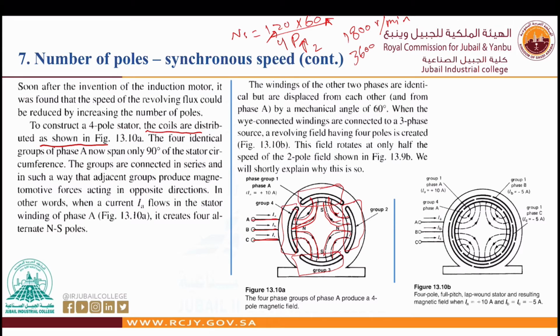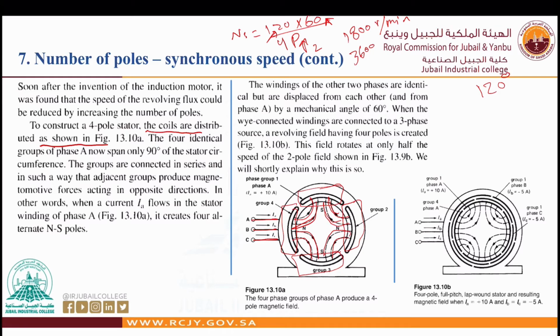The winding of the other two phases are identical, but are displaced from each other and from phase A by a mechanical angle of 60. Okay, so we have an electrical angle which is 120 degrees, right?